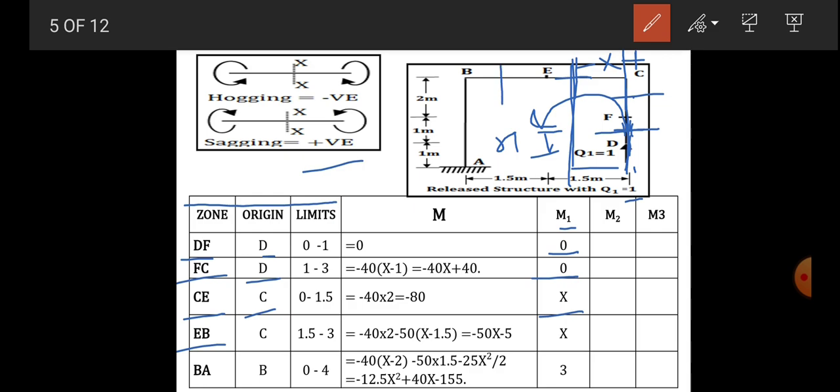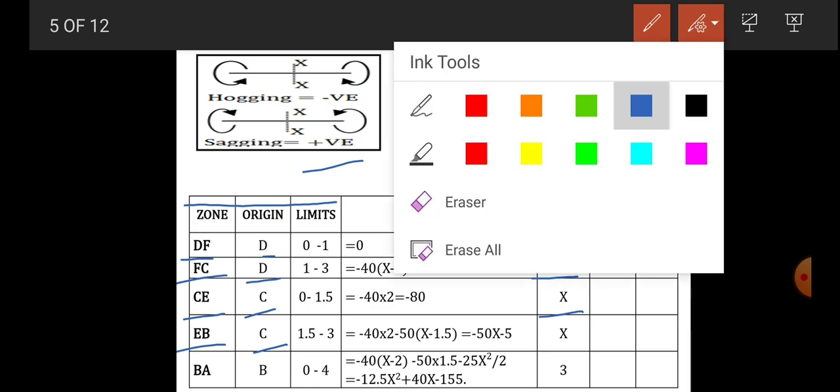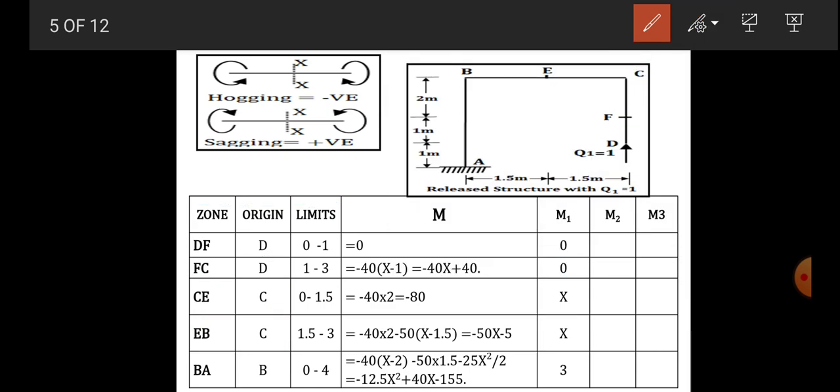Let's draw the imaginary axis for the EB zone, and this imaginary axis should be drawn with respect to the origin C, and this distance is x. It is drawn with respect to origin C and the distance is x, and the force toward the origin side on the structure, only one force, vertical.